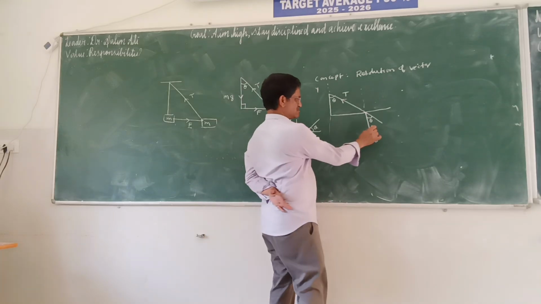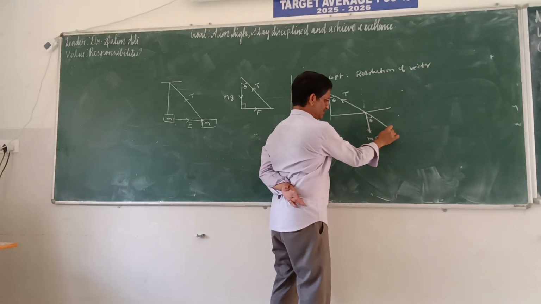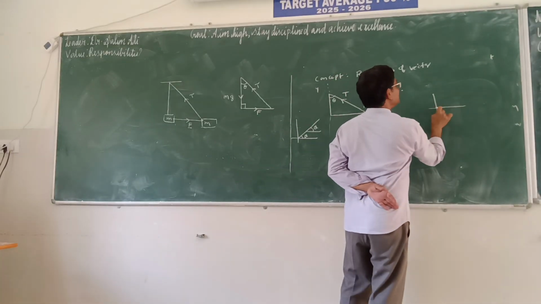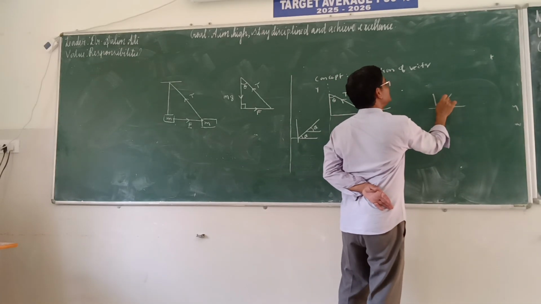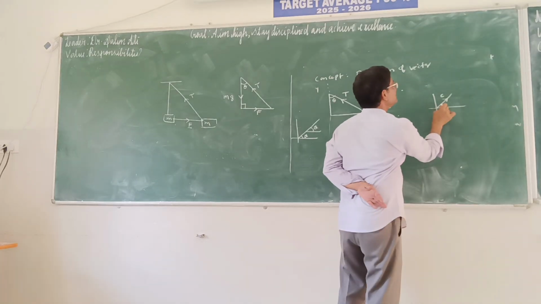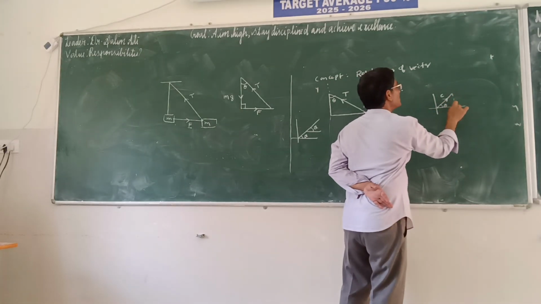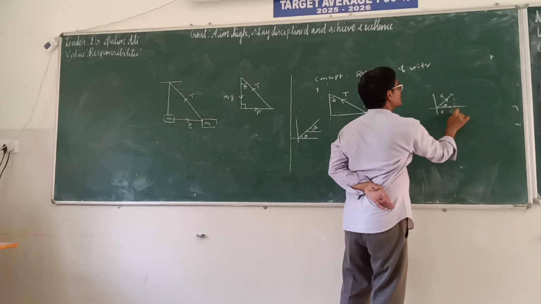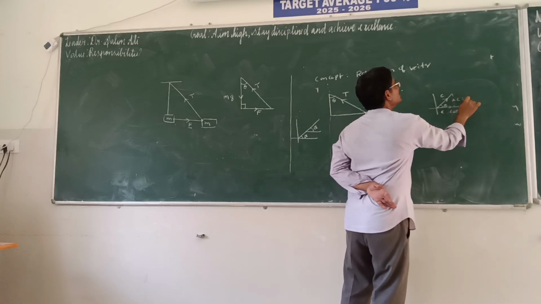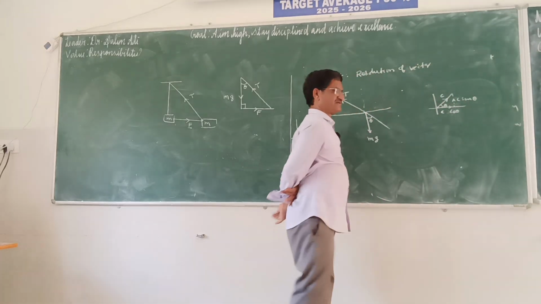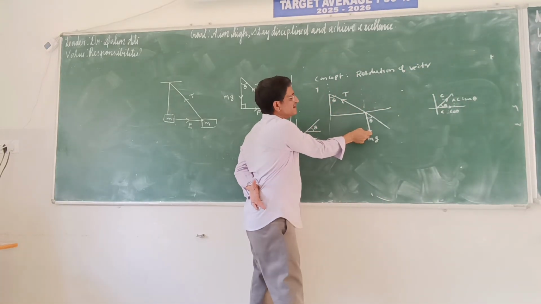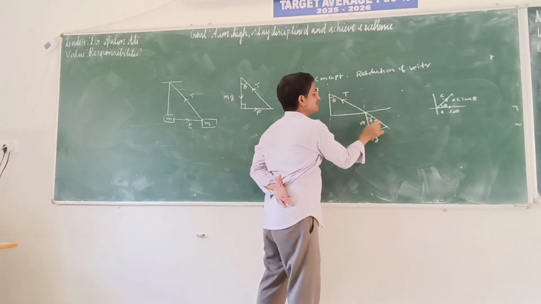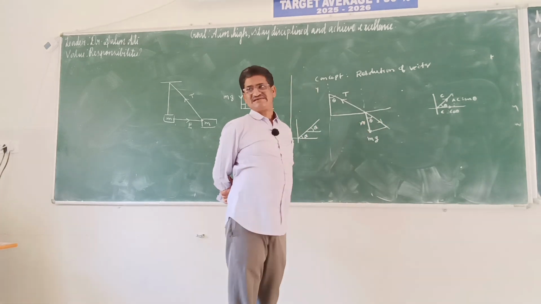So now, in this, you want to resolve this vector. Suppose this is a vector, let us say C. This is theta, drop a perpendicular. This is C cos theta. This is C sin theta. Like that you have to resolve. Now drop a perpendicular. Now it is Mg. Which side is this? Adjacent side.